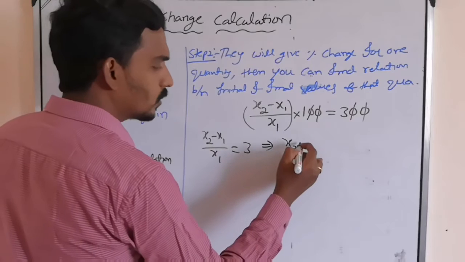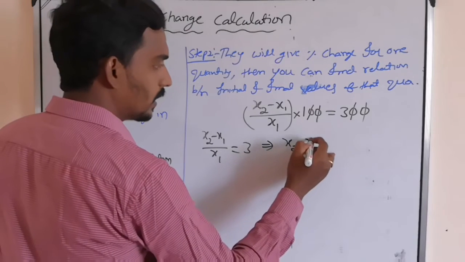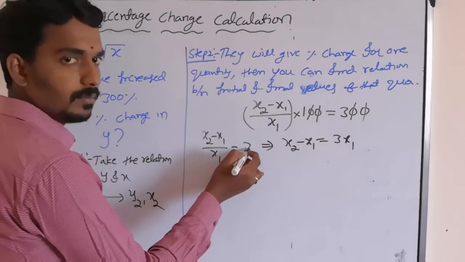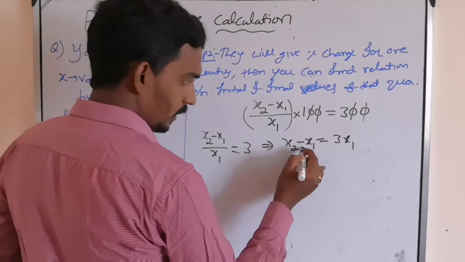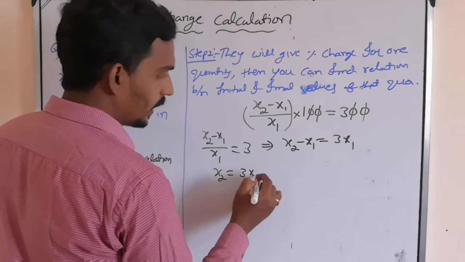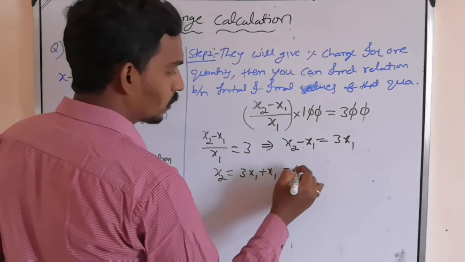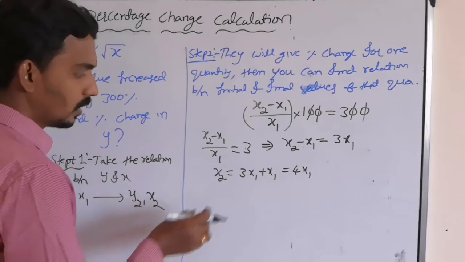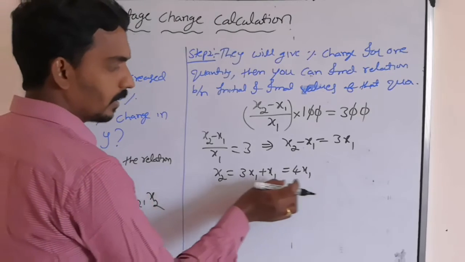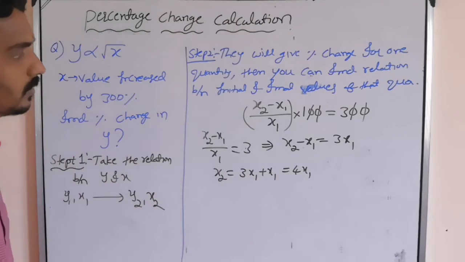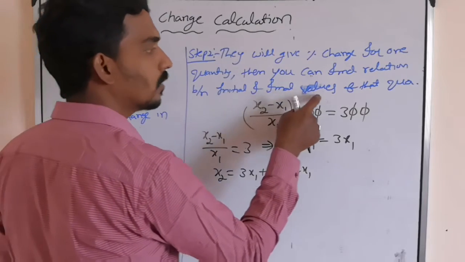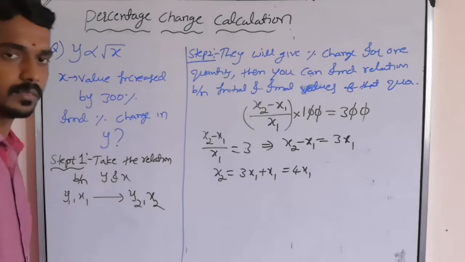Cross multiply: x2 minus x1 equals 3x1. Take this x1 to this side. So x2 equals 3x1 plus x1, equals 4x1. So you got the relation between x1 and x2. As I told, find the relation between the initial and final values of that quantity.